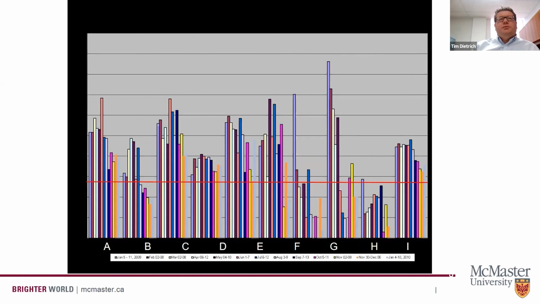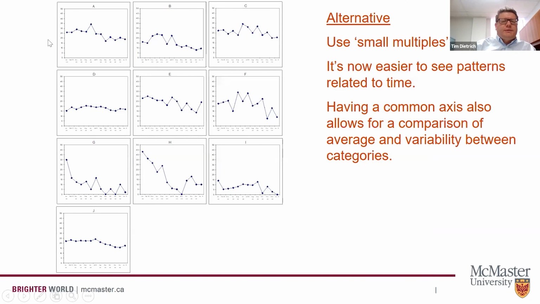And so any data that's plotted over time is best plotted on a time series plot. One way to eliminate all these colors, which are really trying to differentiate between the categories, is because it's very difficult here to pick up patterns, relationships. And so using things like small multiples, which is really here now a run chart plotted over time, you can start to see which of these categories is improving.